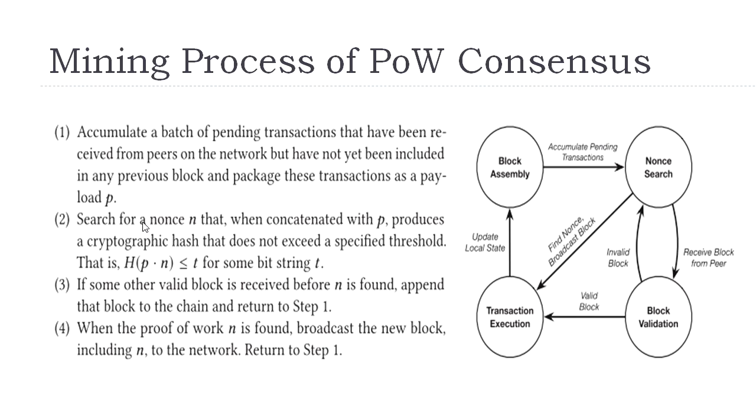Next, after packaging the transactions, search for a nonce. In cryptography, a nonce is a random number. Search for a nonce n that, when concatenated with P, produces a cryptographic hash that does not exceed a specified threshold.